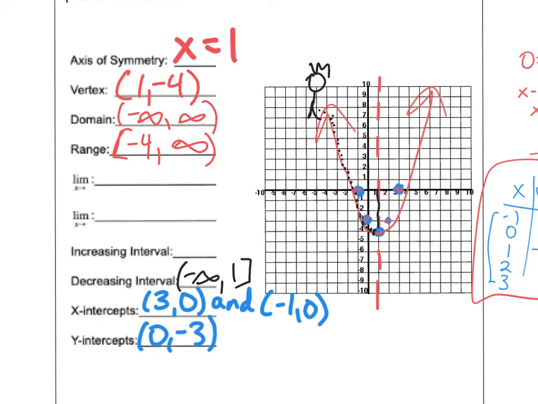Okay, Carter's going to keep on running. Now what's he doing? Going up. So he's increasing from where? 1, because, again, x is our pathway. Remember, our intervals are just our pathways on our x-axis. So 1 to infinity.